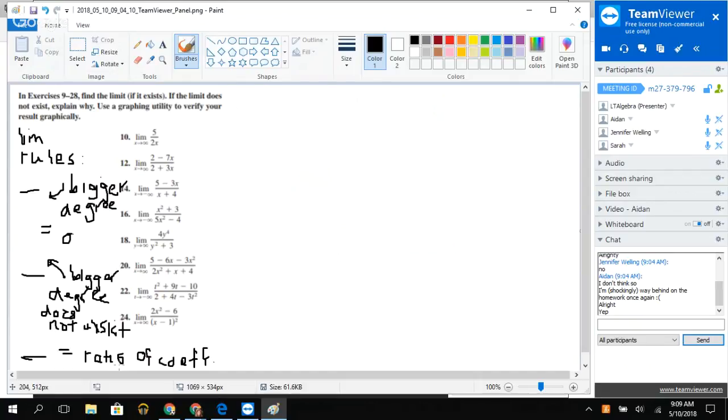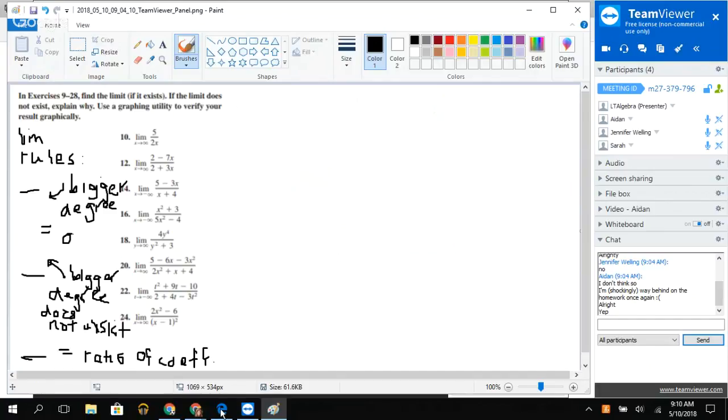So we'll do a couple of these, but you'll see this pattern is going to work its way out every single time. Why this section is different than other sections is that we're taking the limit as we approach infinity. So as we get to an infinitely large number, what happens to our rational function?